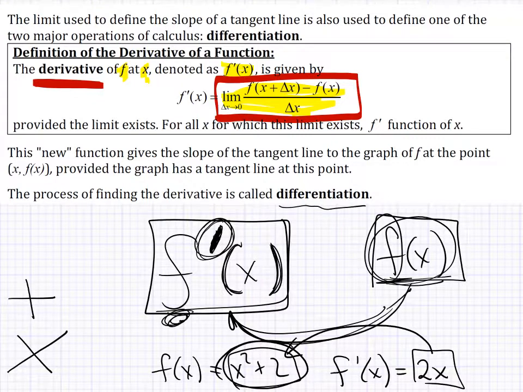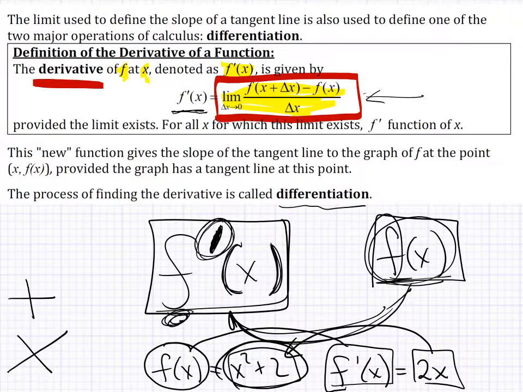What is slope? Slope is the measure of change from one point to the next to the next. The idea here is that this function measures the change in this function as we move from point to point. So this new function, which we're calling the derivative, is exactly what we were finding when we found the slope of the graph or the slope of the tangent line for a given function.